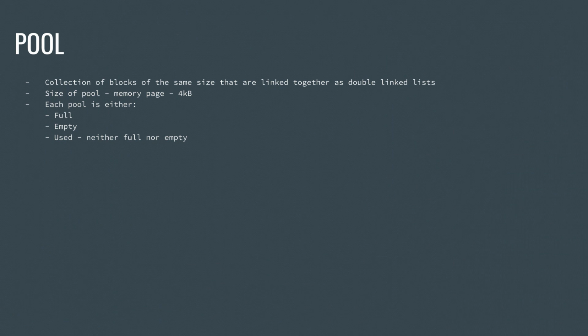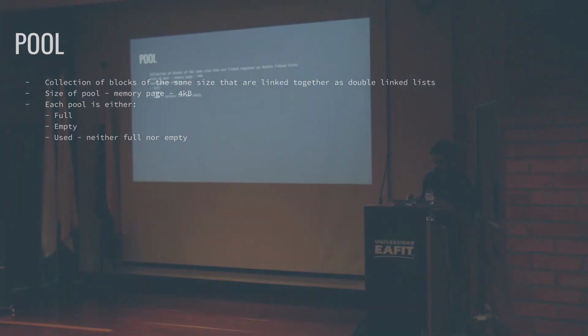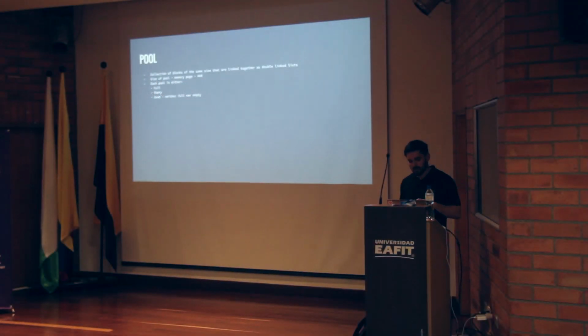Then there is a pool. What a pool does is it contains blocks. A pool usually has the size of a memory page, and that's again usually 4 kilobytes. In a pool you can store only blocks of the same size. And each pool can be either full, empty, or used.